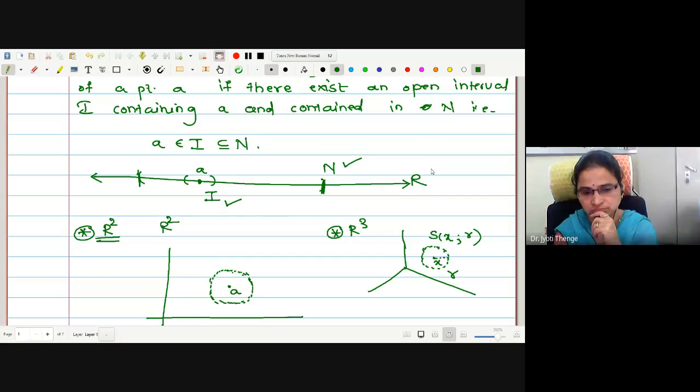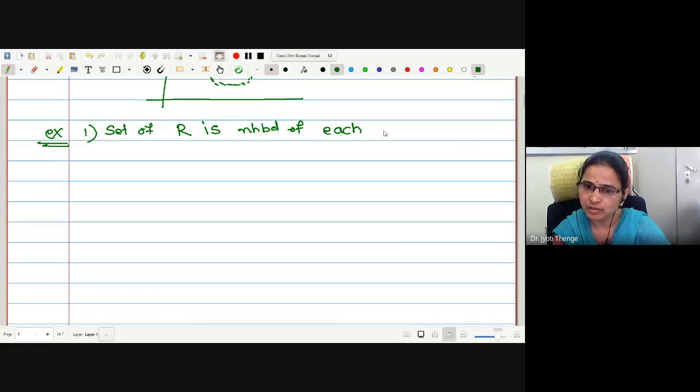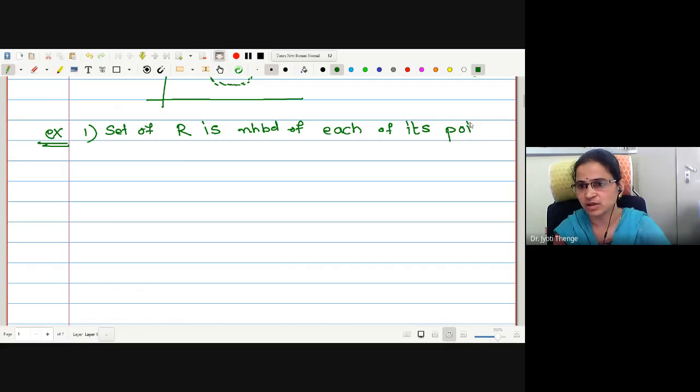You have two options only. Yes or no? Yes, the set of real numbers is a neighborhood of each of its points. Shall I write? It is a neighborhood of each of its points.